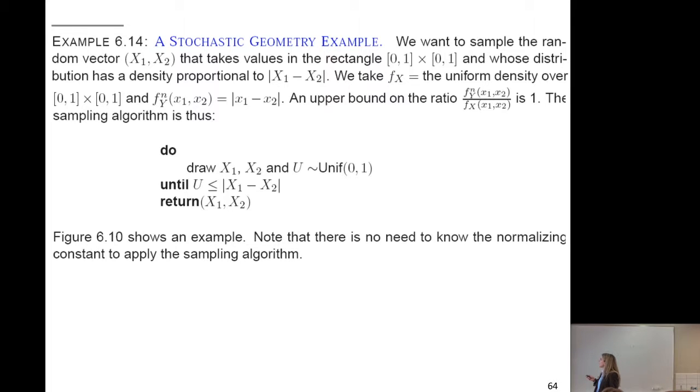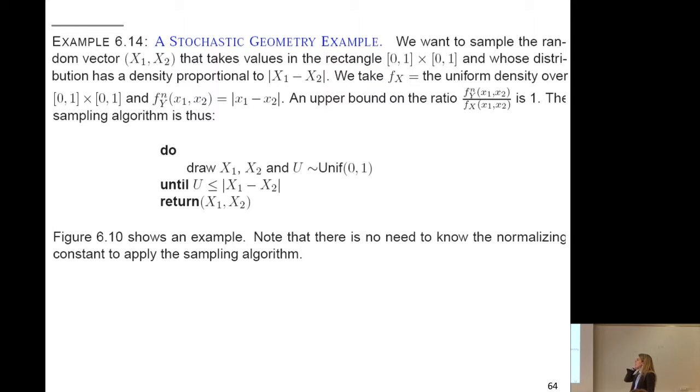Then we take f of x to be the uniform distribution in the unit square. We need to choose an x variable from which we know how to draw a sample, so we choose the uniform distribution in the unit square as the distribution of this random variable, which is actually a vector.